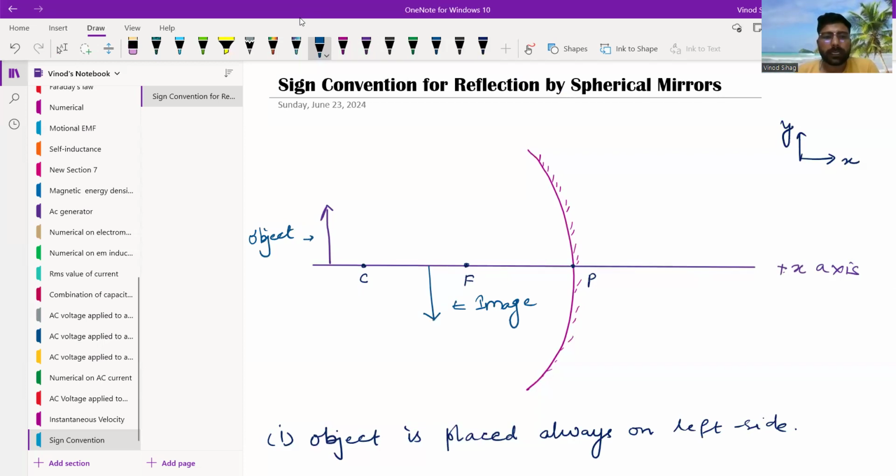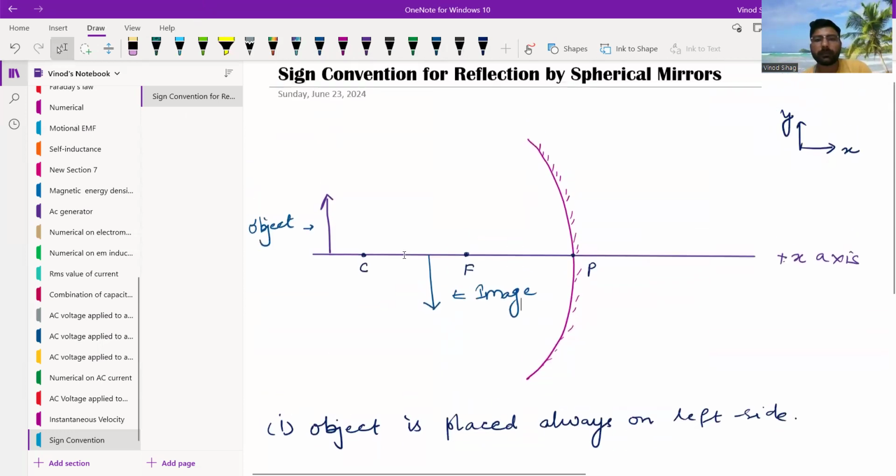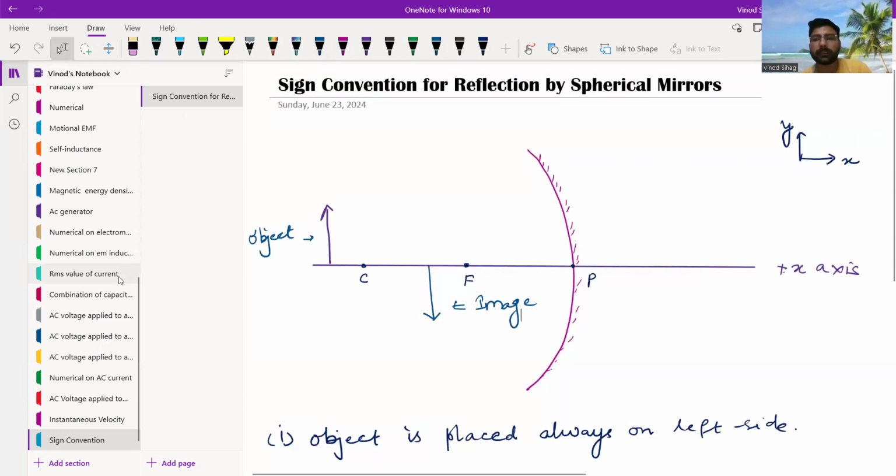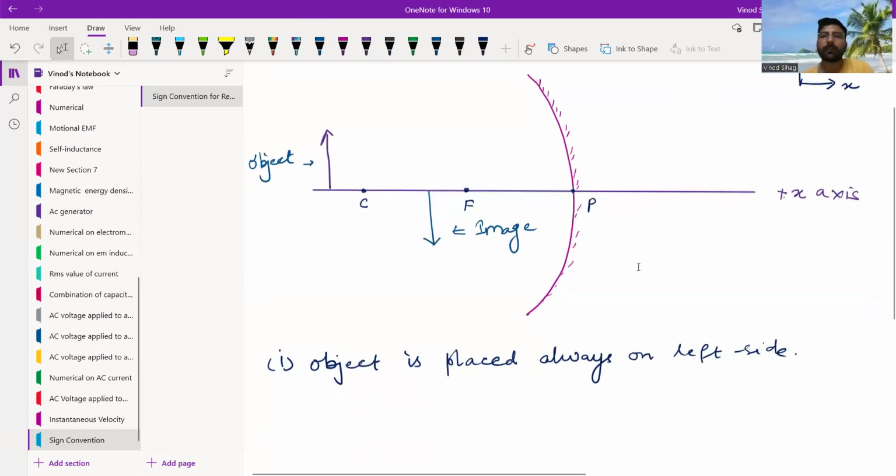So the object is always placed on the left side, and for the ray diagrams, the light ray will always come from the left side to the right side. Light rays will always be incident from left to right.